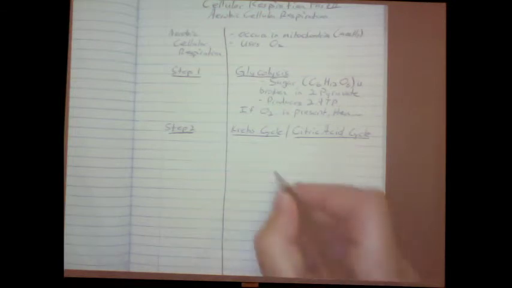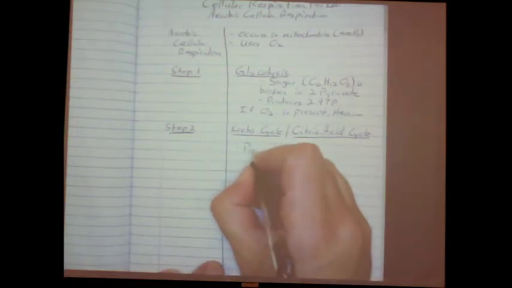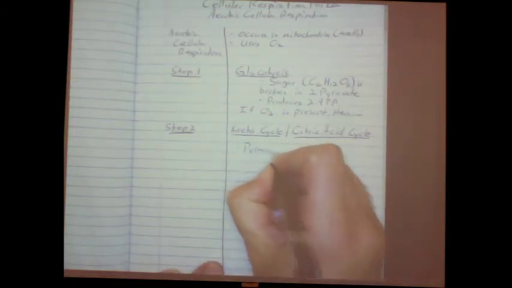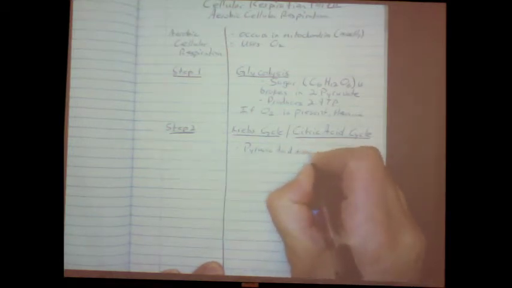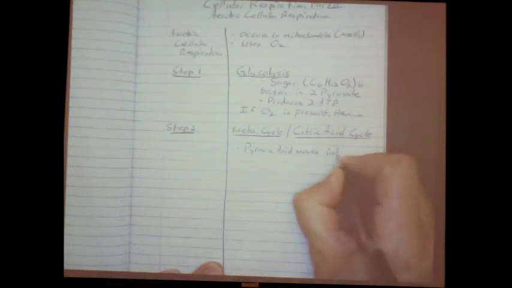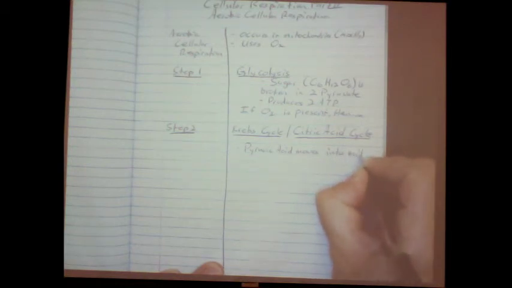So what happens with the Krebs cycle or the citric acid cycle is if there is oxygen present, then that pyruvic acid is going to move into the mitochondria. So pyruvic acid, or pyruvate, same thing, moves into the mighty mitochondria.